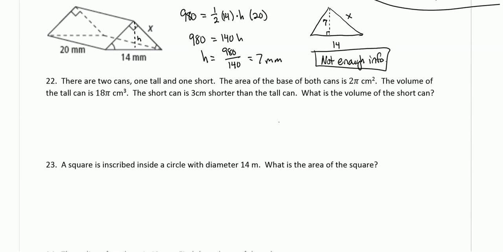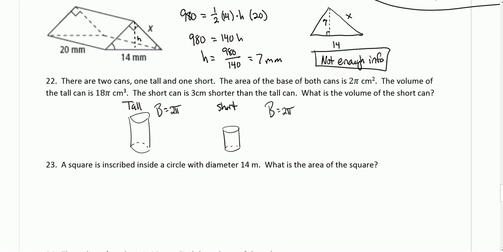Number 22, there are two cans, one tall and one short. If the area of the base of both cans is 2 pi, so B is 2 pi on this one, area of the base here is also 2 pi.